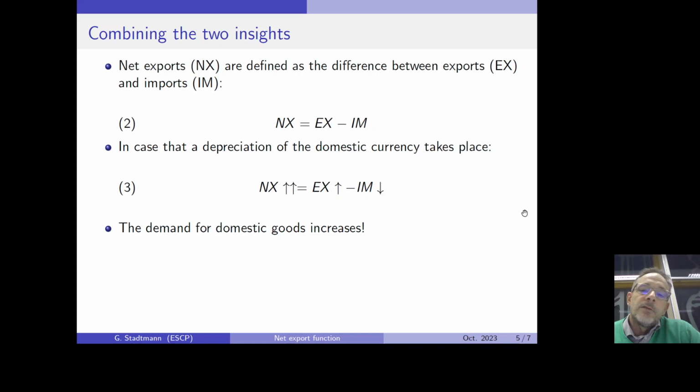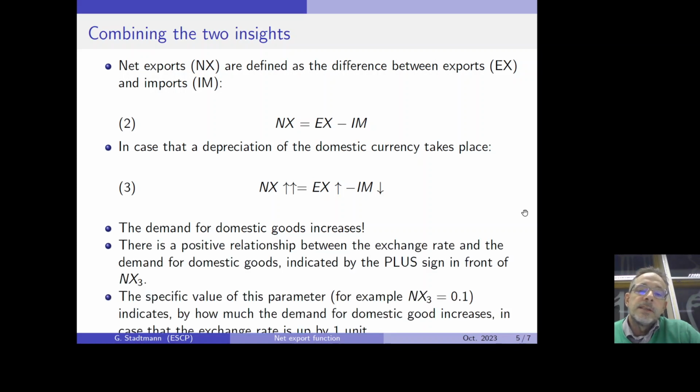Therefore, the demand for domestic goods increases, and there is a positive relationship between the exchange rate and the demand for domestic goods. This is indicated by the plus sign in front of NX3.